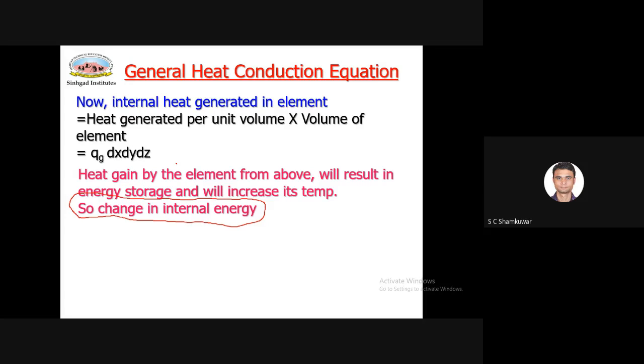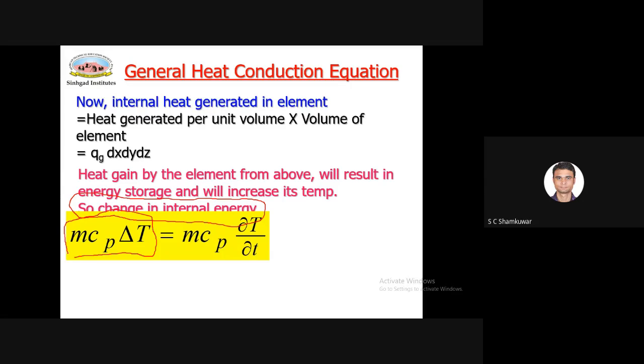Whatever heat is received by the rectangle and whatever heat generated inside the rectangle, due to that there will be a change in internal energy of the rectangle, and that is given by mCp delta T. We have studied this in thermodynamics, isn't it? So change in internal energy is given by mCp delta T.